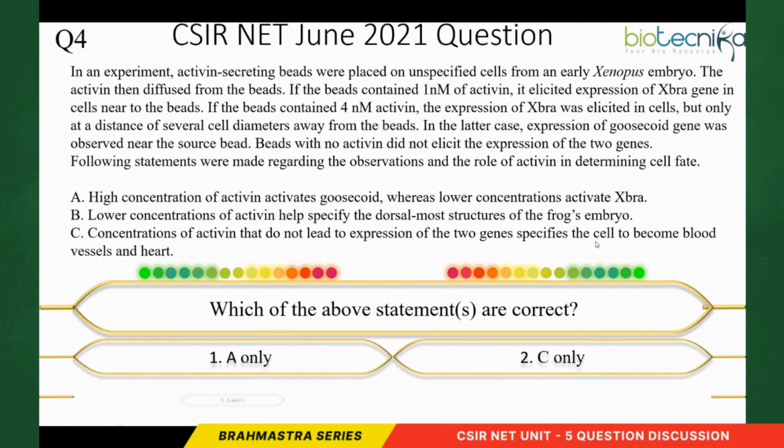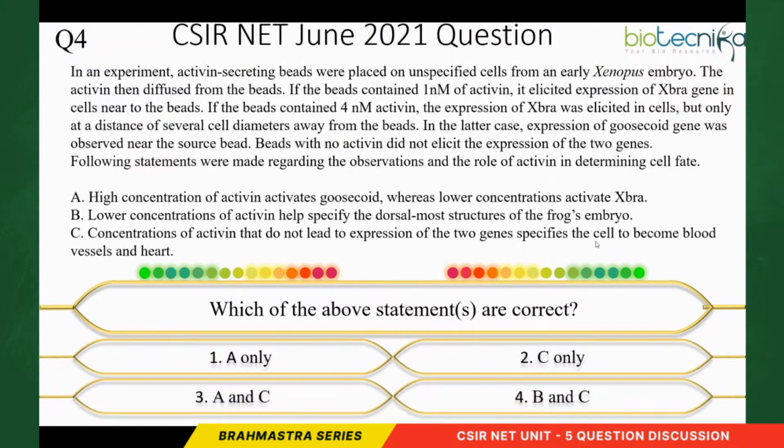This is regarding amphibian development. Anyone wants to try to answer this question? As you would know, in amphibians we have the dorsal-ventral axis formation done by the organizer, Spemann's organizer.